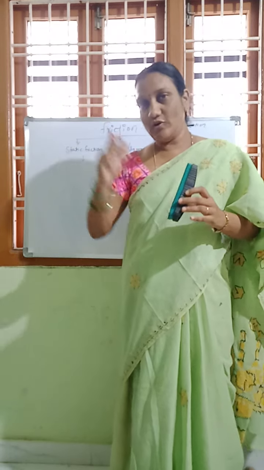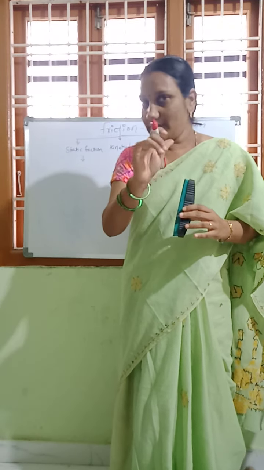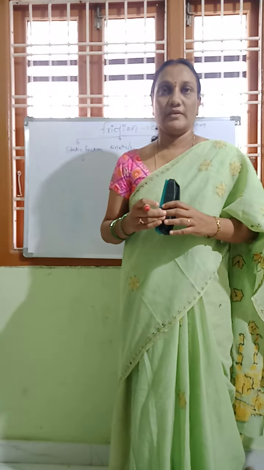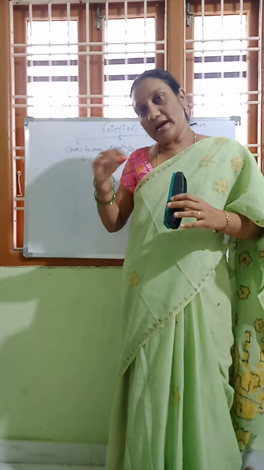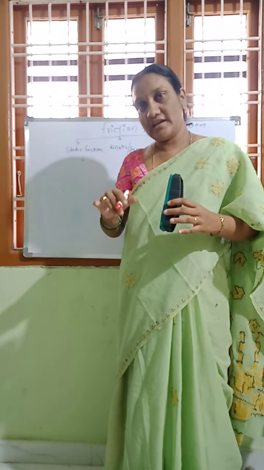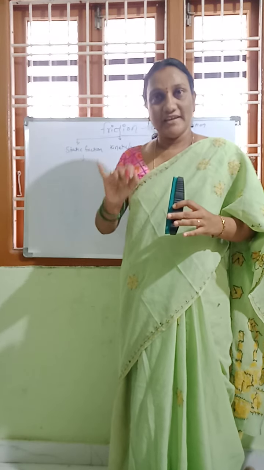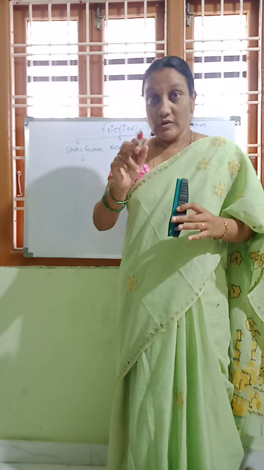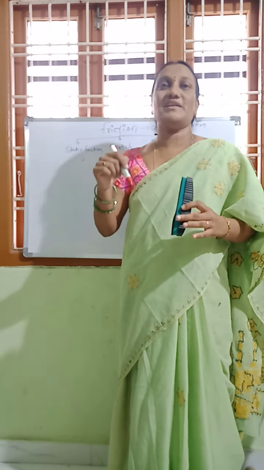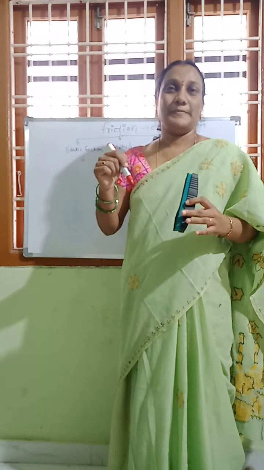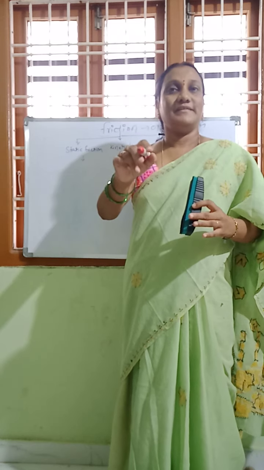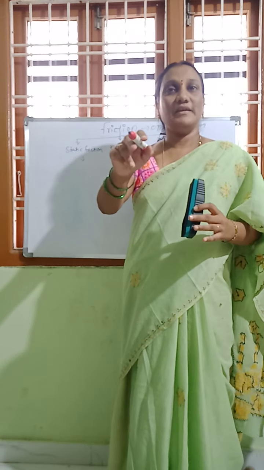After applying the force also, the almirah will not move. So even though I apply the external force, the almirah is not moving, which means what? Some force is opposing the motion of the almirah.